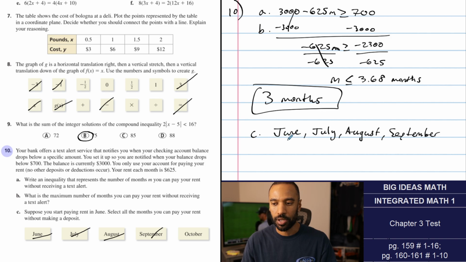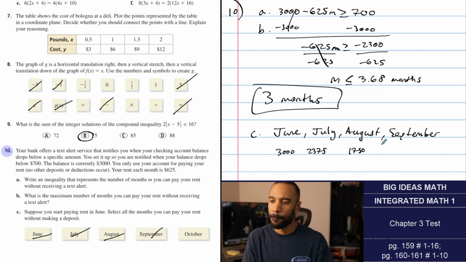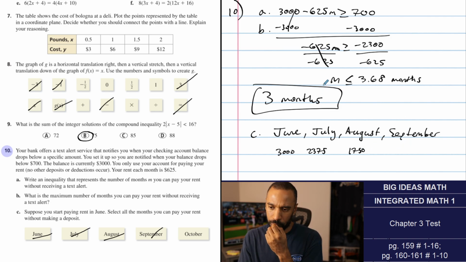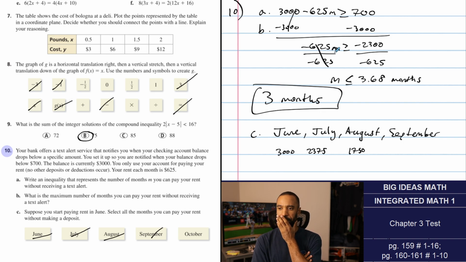So June is all good at 3,000, right? It's kind of like domain and range. June, July, you'll lose what? Now you're at 2375. August, you're at 1750. September. Wait a second. Did I say that right? Maybe June is where you have the deduction. Hold on a second. Let me think about this now.